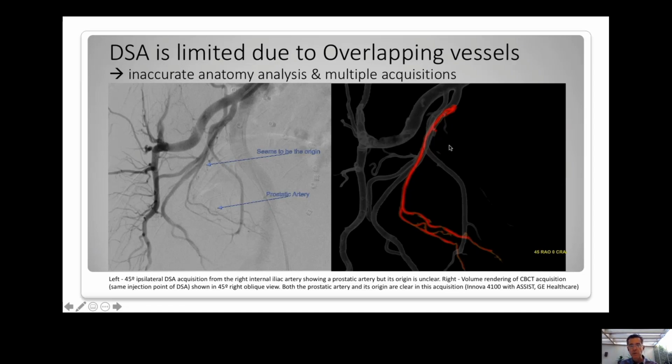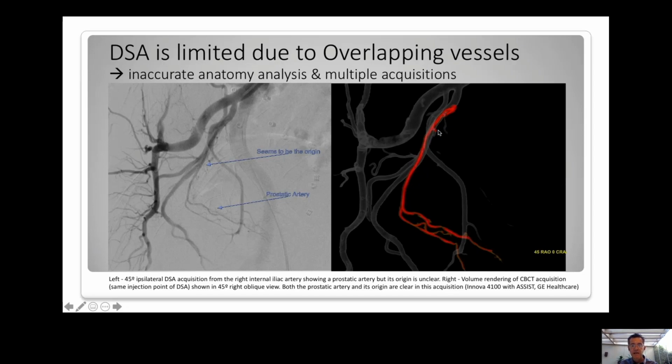However, when we use cone-beam CT, that is one of the important pieces of information that we can get with this software: we can clearly identify that the origin of the prostatic artery is much higher. The origin is here in this position, and there is an overlapping of both arteries.